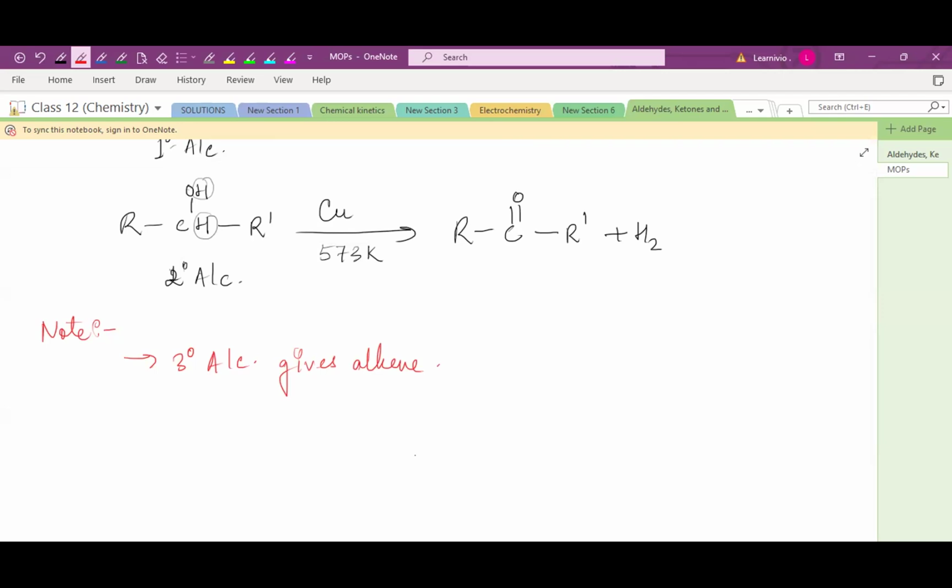They show a plus I effect. Due to the plus I effect, the elimination reaction will occur, and you will get an alkene instead of your aldehyde and ketone. And you can also use silver instead of copper. Silver can also be used.